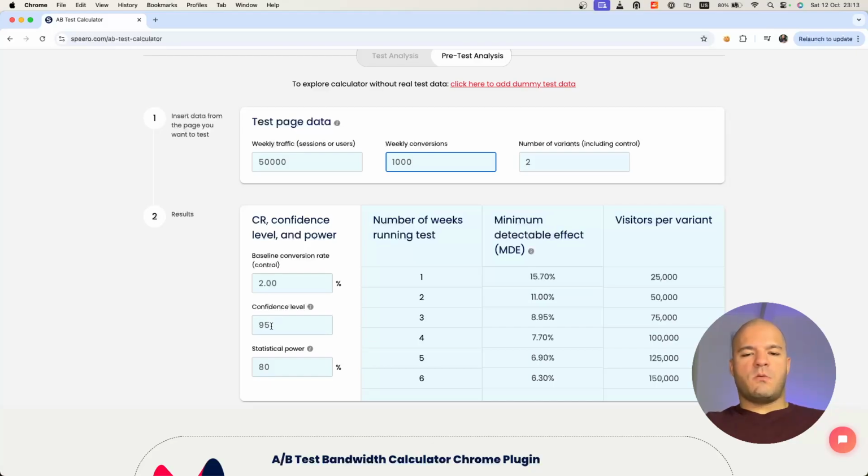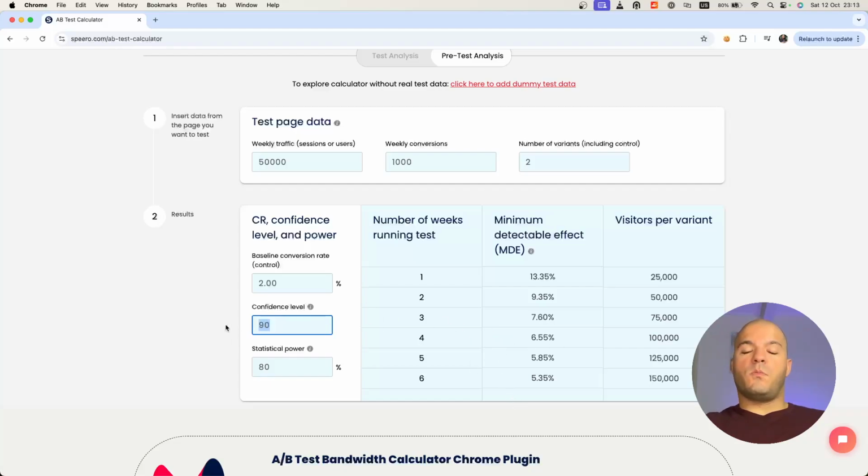Some people would say, well, this is mostly using a frequentist approach, and we are not a pharmaceutical company testing a new drug or some new medicine on users. Well, we can of course decrease these numbers over here, so we can see what the MDE would be if we decrease to 90%.